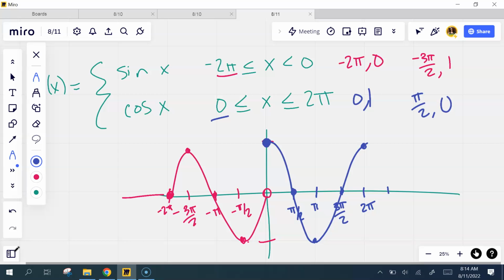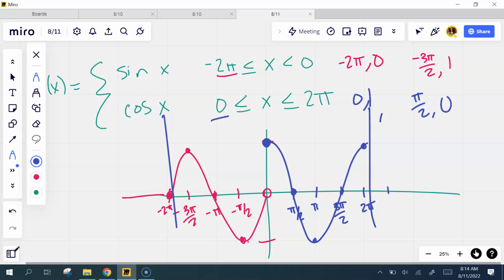At what points in the domain, so my domain for this entire function is going to be from negative 2 pi to 2 pi, right? You see that? Because that's where I've got the graph defined. So every place that the graph is drawn, so from here to here, where do I have a limit that exists? Huh?